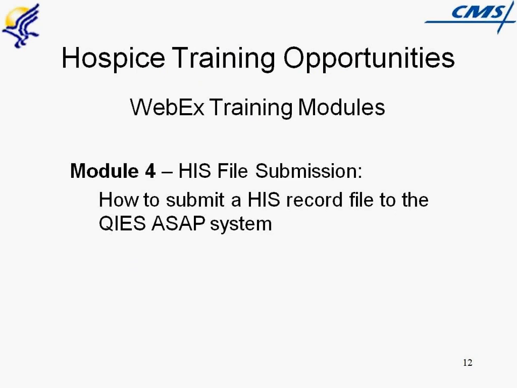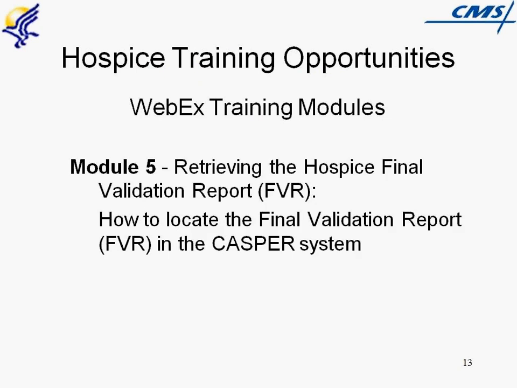Module 4, HIS File Submission, demonstrates the steps to submit HIS records to the QIES ASAP system. Module 5, Retrieving the Final Validation Report, demonstrates how to locate the Final Validation Report in the Casper system. This report contains information about each of the HIS records submitted.